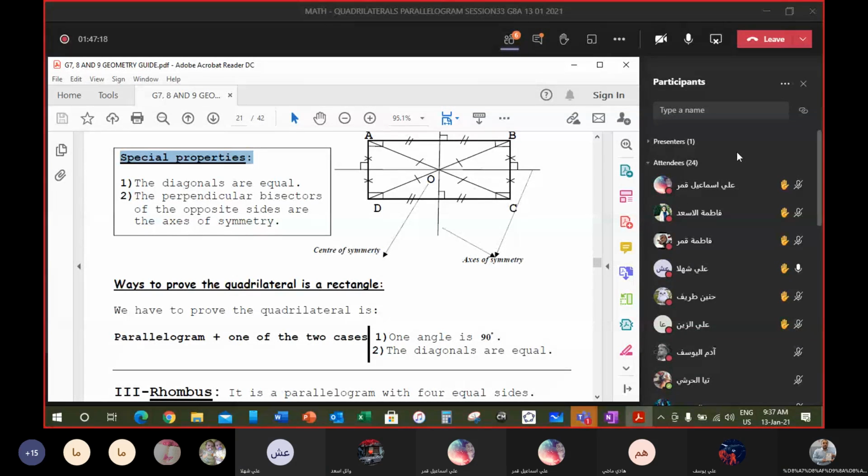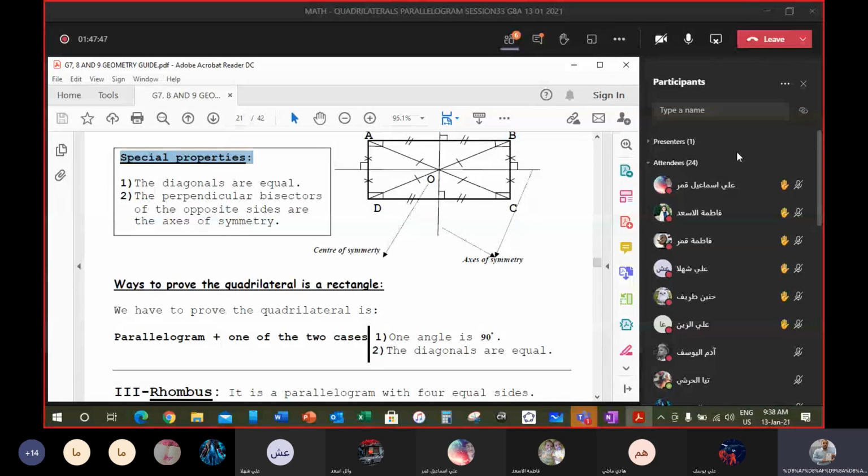The opposite sides are equal and parallel, it becomes a parallelogram. Then to become a rectangle it has 4 right angles, the perpendicular bisectors of the opposite sides are axes of symmetry and the diagonals are equal, and also one angle is 90.